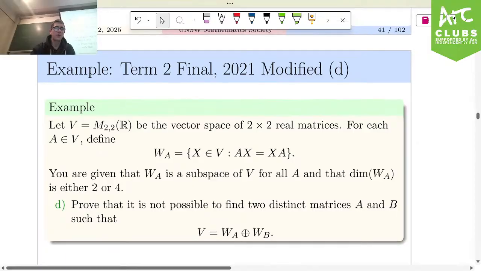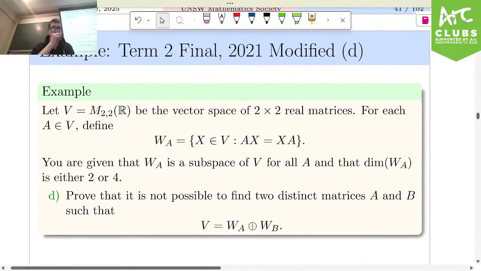All right, so moving on, we have a little question now. I chose one that's not really too computational because I wanted to test these types of definitions.